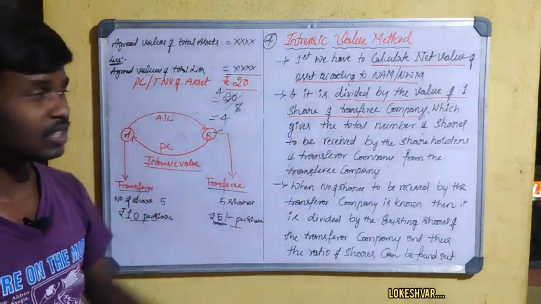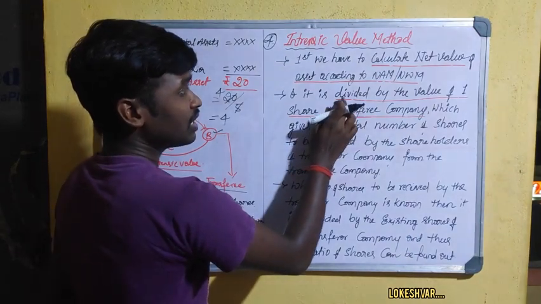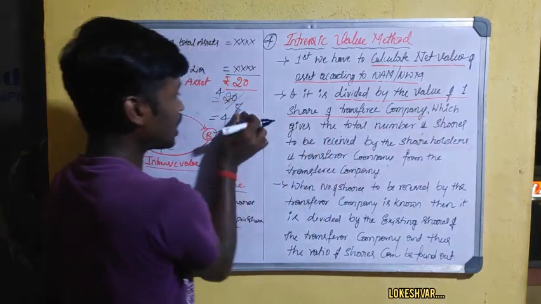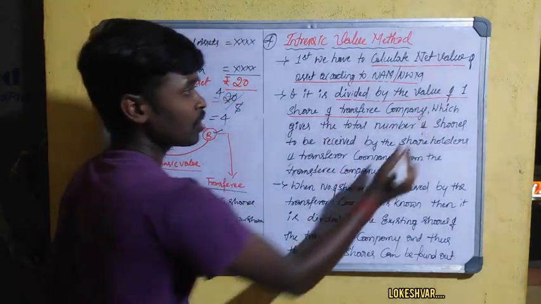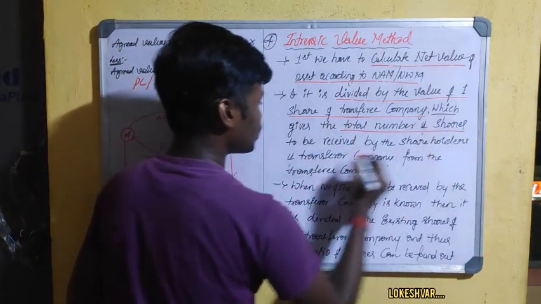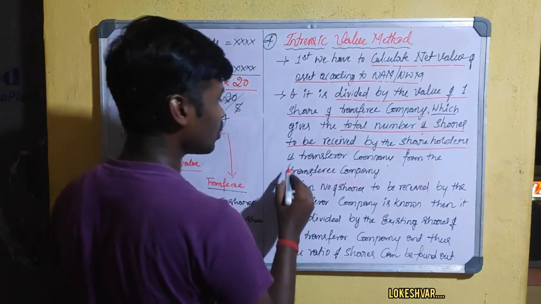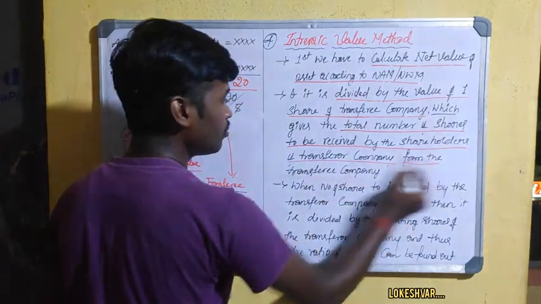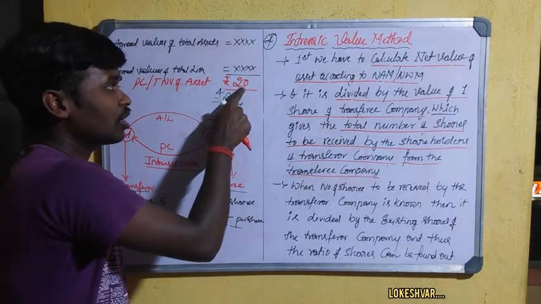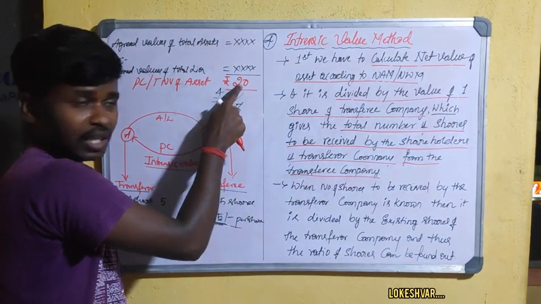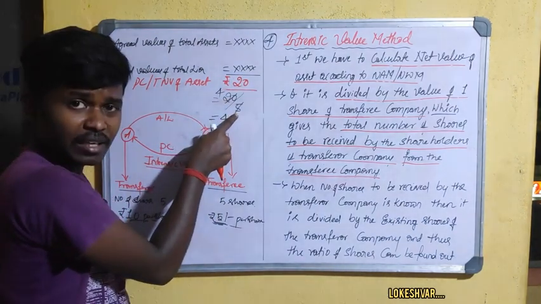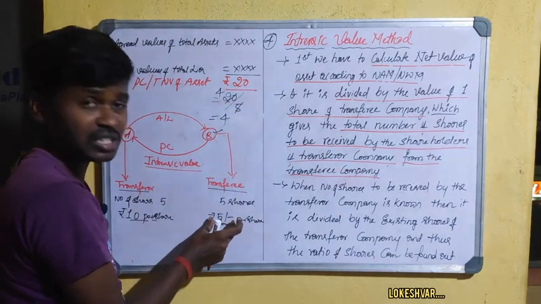Okay, see the next statement. After dividing the total value of net asset by the value of one share of the transferee company, you get the total number of shares to be received by the shareholders of the transferor company from the transferee company.